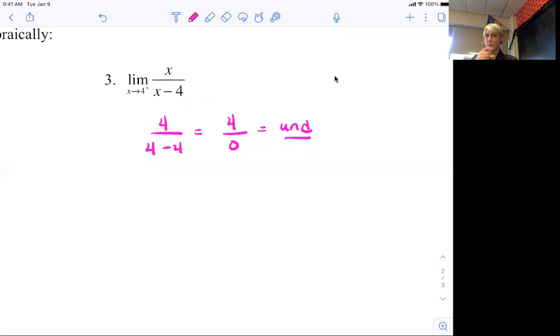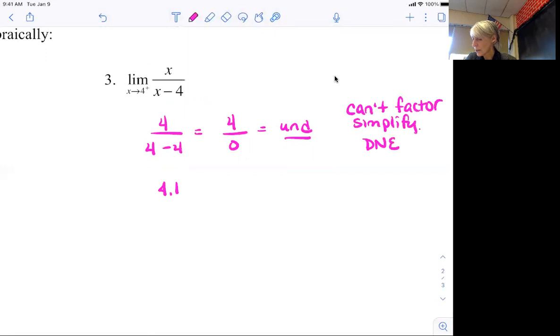So now because I know the limit does not exist, now I would plug in a number a little bit bigger than 4. So we can't factor and simplify, so I know this limit does not exist.